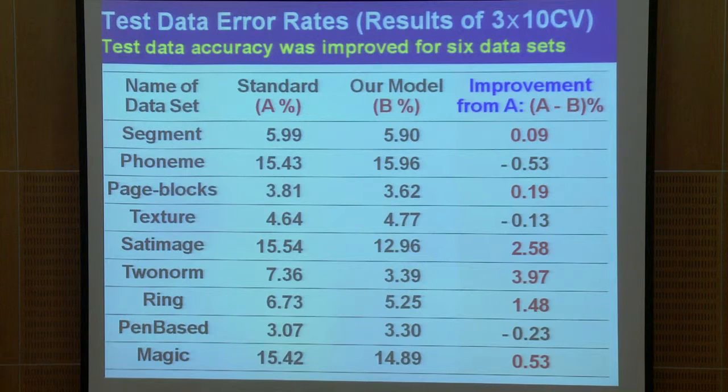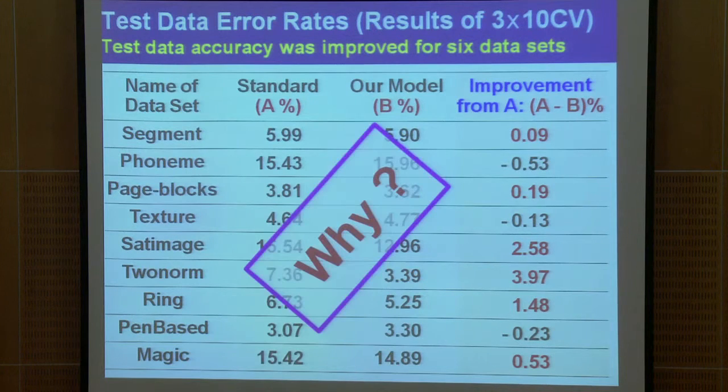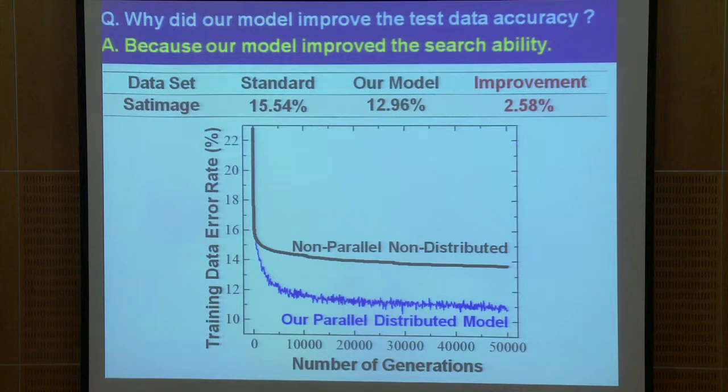The red font means improvement, and minus means the degradation of the test data accuracy. Out of the 9 data sets, we obtained an improvement for 6 data sets. Why? It's very difficult to say, but results show that our model improves the search ability of evolutionary computation.